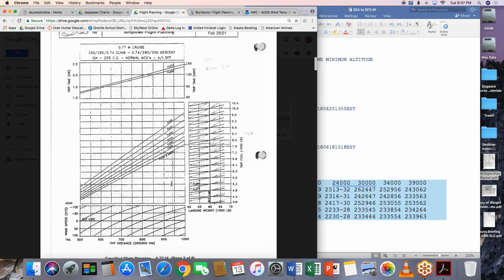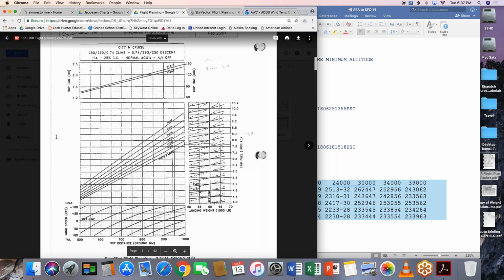So the way we find our fuel burn, this part sucks. We got to go here on our spaghetti charts and figure that out. We always start on the bottom with our distances, then we work our way up and then to the right on these charts.